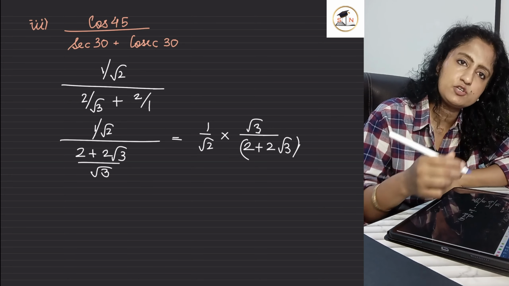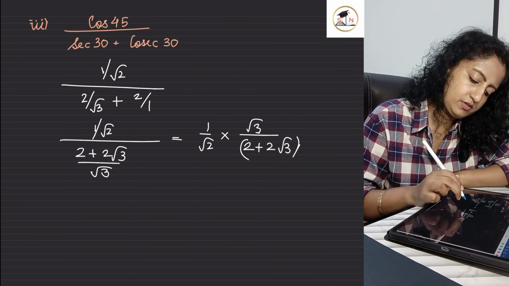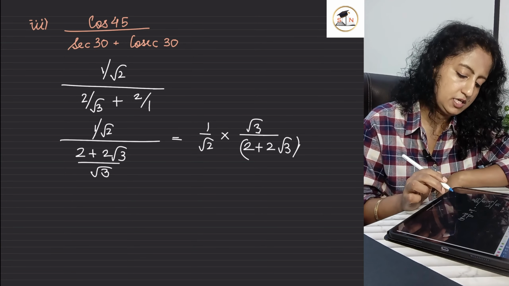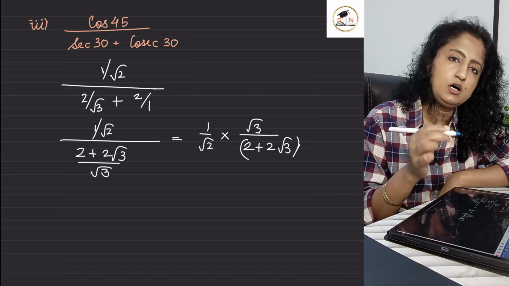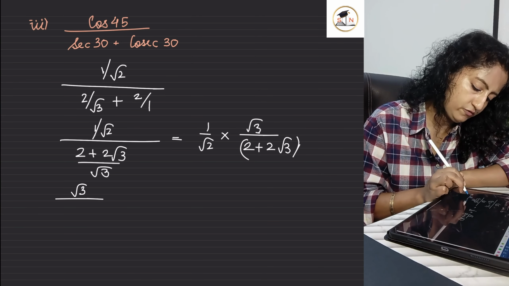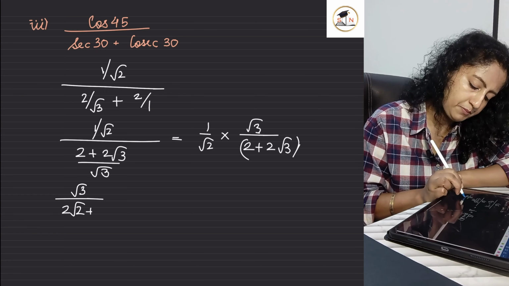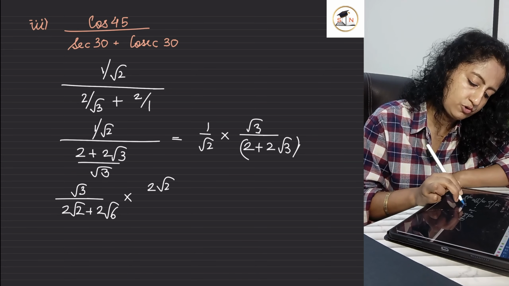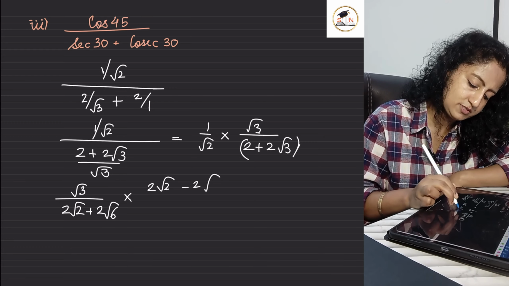Okay, fraction को flip करना. Now what we can see, we are having roots in the denominator. So we actually need to rationalize this one. So what do we get? √3 over 2√2 plus 2√6. That means we need to do 2√2 minus 2√6.